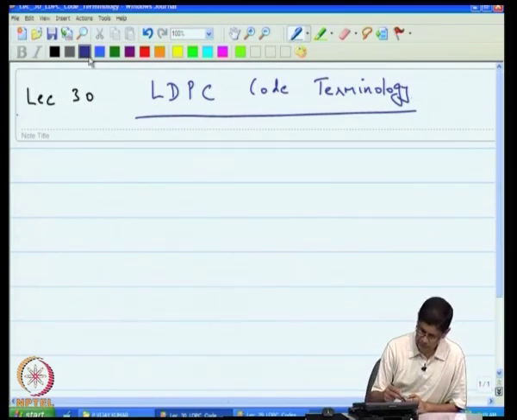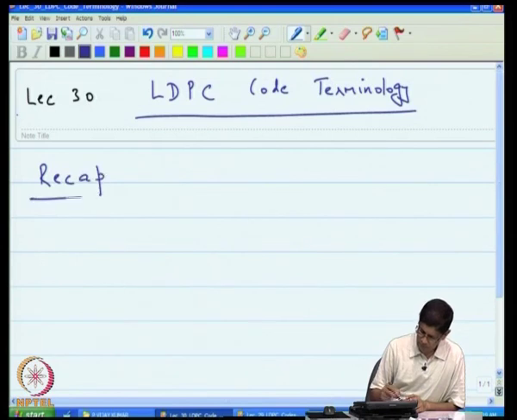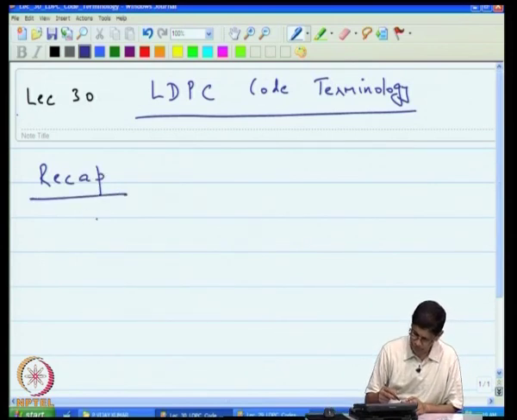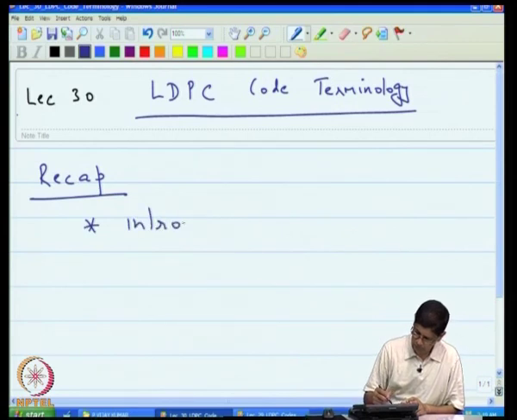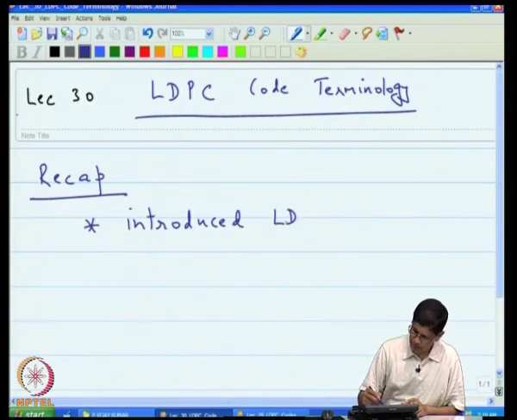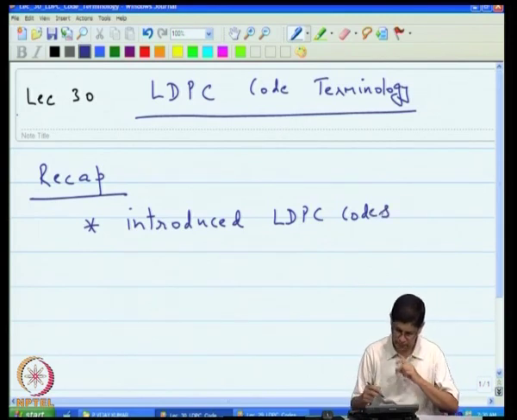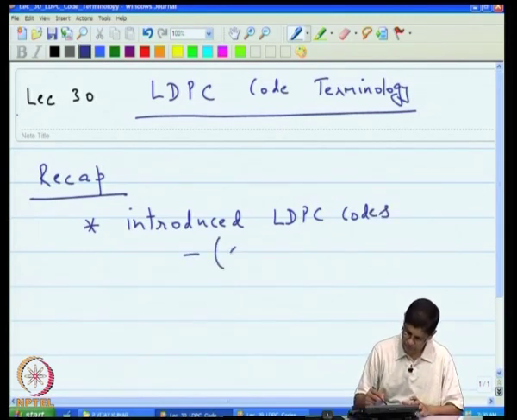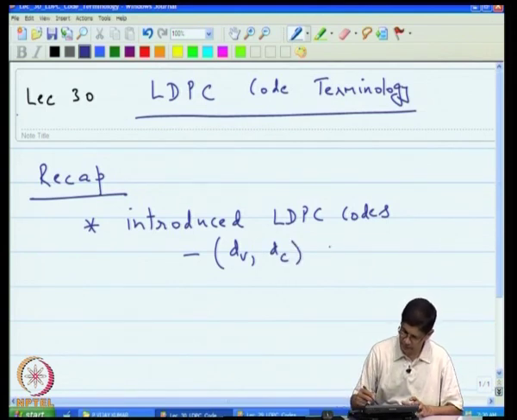So, a very quick recap. We introduced LDPC codes. We introduced the terminology of DV-DC regular codes.